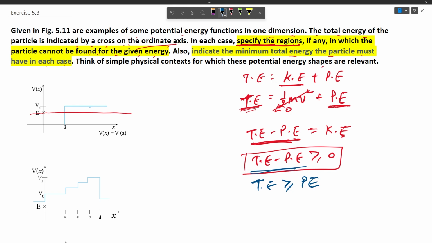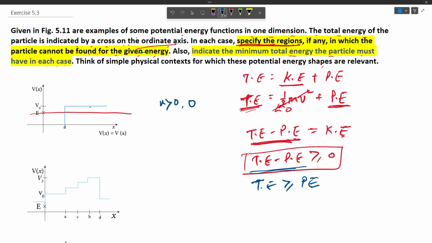So the region from a onward is going to be invalid, or the particle cannot be found at the given energy for the region x greater than a. For the region x greater than a, there is no particle. The minimum total energy the particle can have is just equal to the potential energy before point a, which is 0.